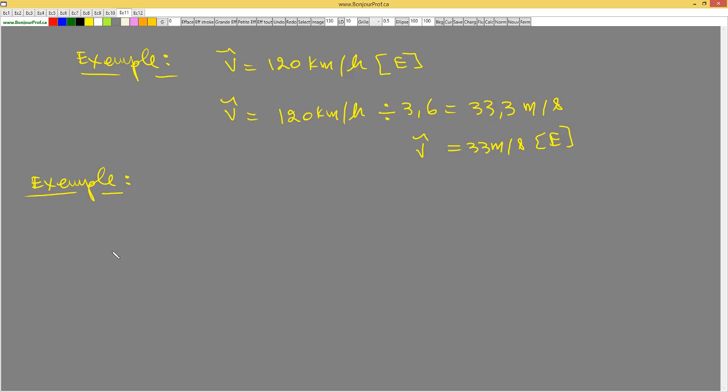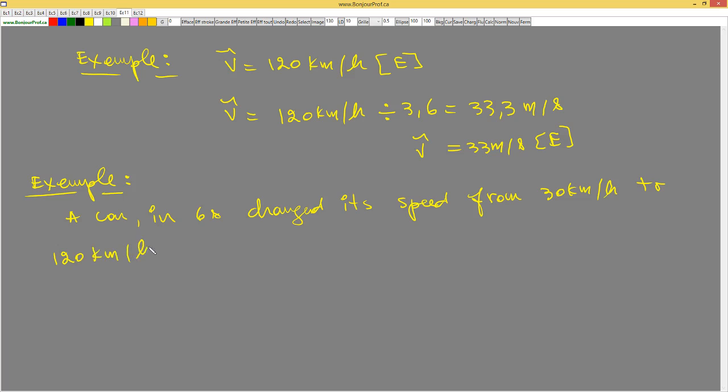Now we are going to do an example. Say I have a car. A car in 6 seconds changes its speed from 30 kilometers per hour to 120 kilometers per hour.